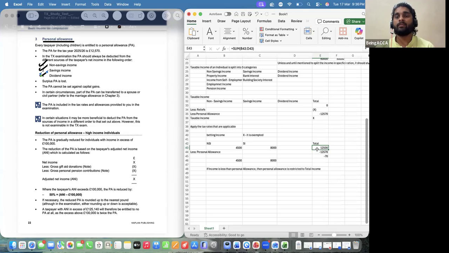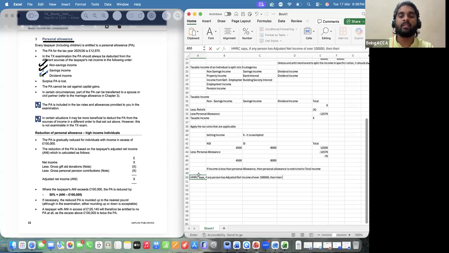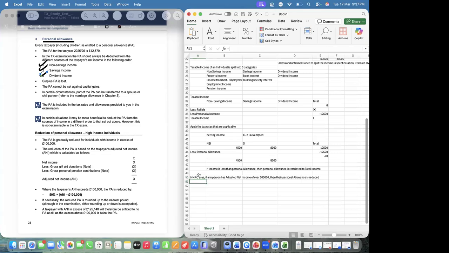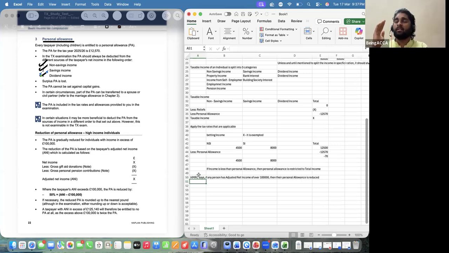So for that reason, what UK HMRC does is, HMRC says if any person has adjusted net income, I will explain what adjusted net income is, I just wanted to make a note of it, of over 100,000, then their personal allowance is reduced. Yes, sir. So any person who has an adjusted net income exceeding 100,000, then their personal allowance is reduced.